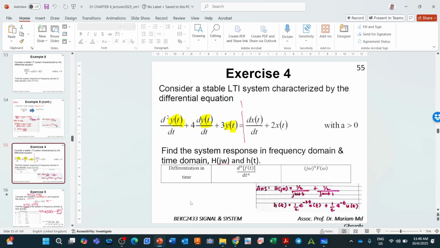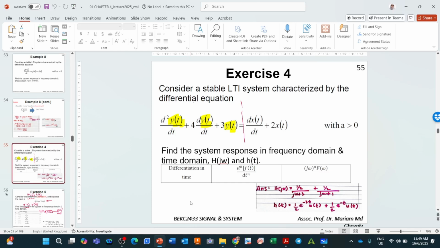For example, if this is A, this is B, then Y over X omega, you get B over A, right?